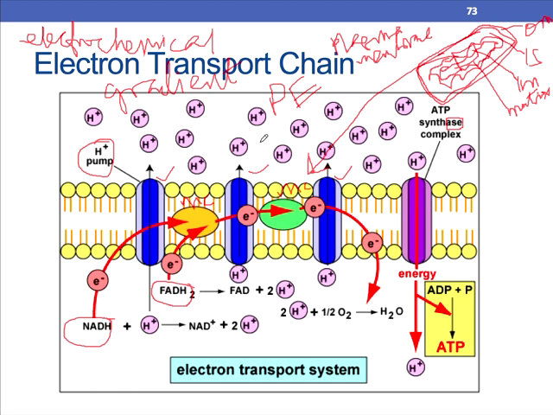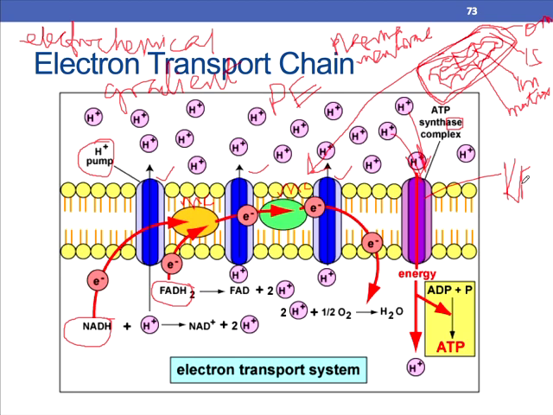However, these protons can only re-enter the matrix through the ATP synthase complex. Now, the ATP synthase is an enzyme, and so whilst these protons are going through the ATP synthase complex, energy is generated because they're moving now, and that's kinetic energy.